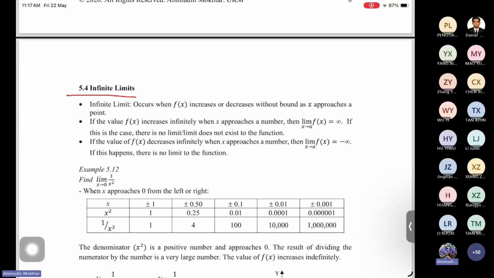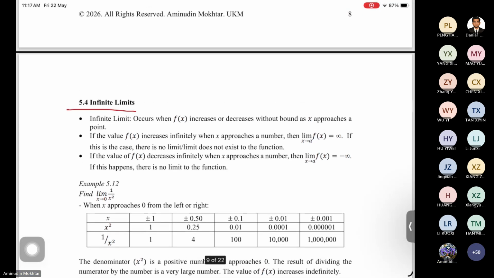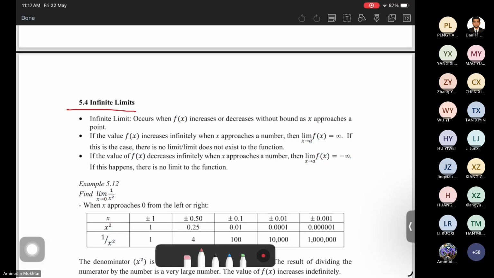Okay, the next section is about the infinite limit. Limit tidak terhingga. Infinite limit or had tidak terhingga. Infinite limit occurs when f(x), the value of y, increases or decreases without bound as x approaches a point.